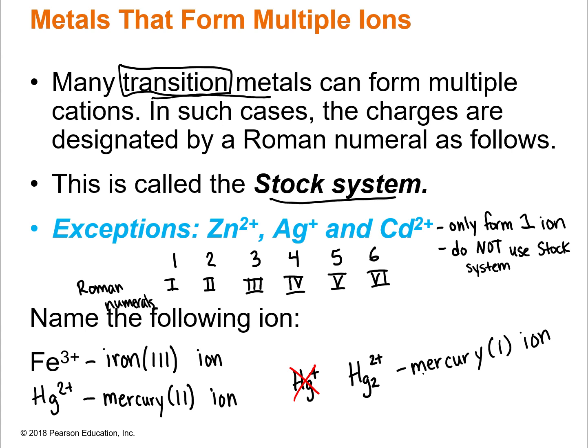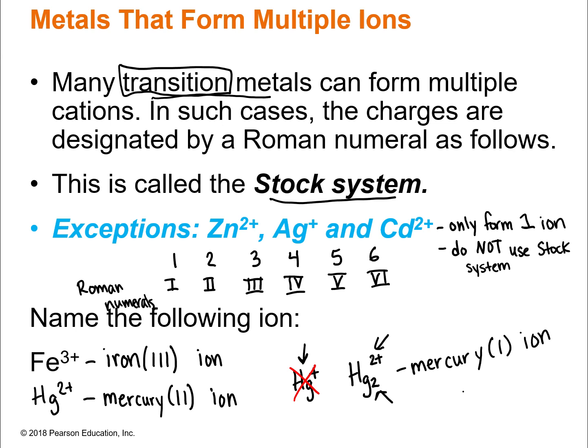So mercury 1, normally we would write it like this, with the mercury and then the plus sign. But that's not actually how it occurs in nature. There are actually 2 mercury 1 ions together, making the charge 2+. But this is actually how you write the mercury 1 ion.